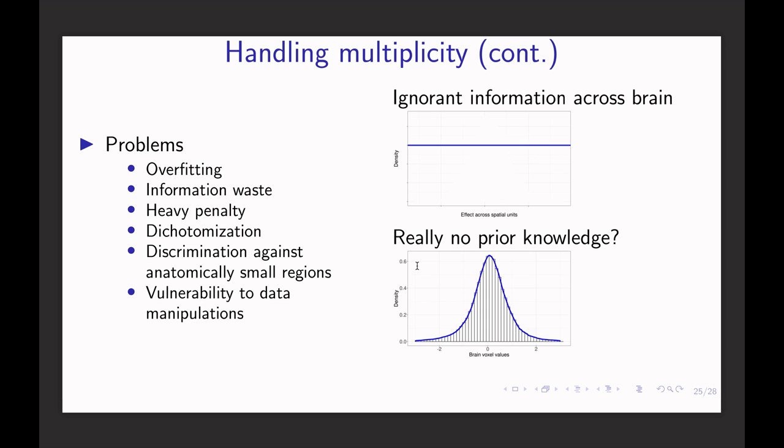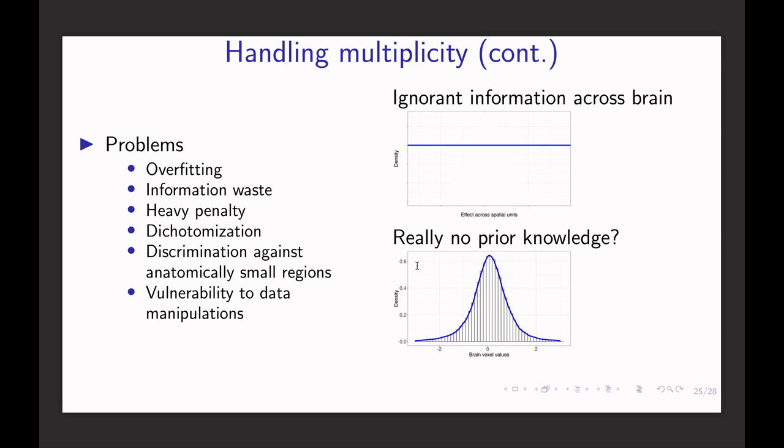So that's with the massively univariate approach. With the underlying assumption of a uniform distribution, the big problem is overfitting, and we waste a lot of information. That's why we have this heavy penalty. That's why you may experience the problem of getting your clusters to survive the dichotomization process.